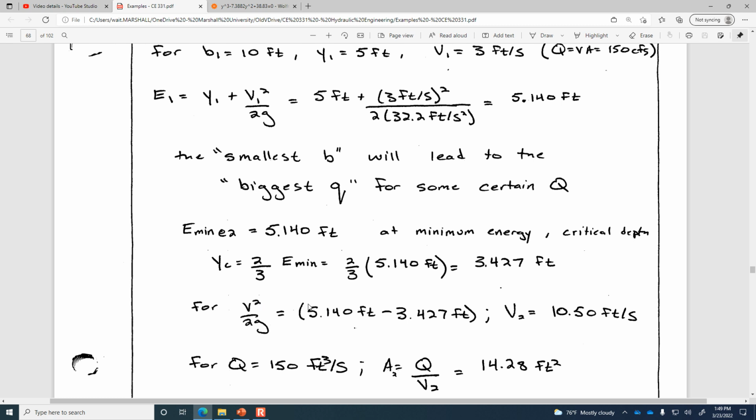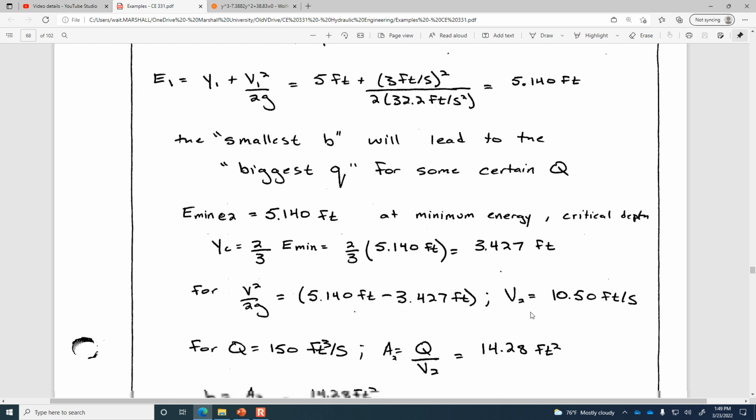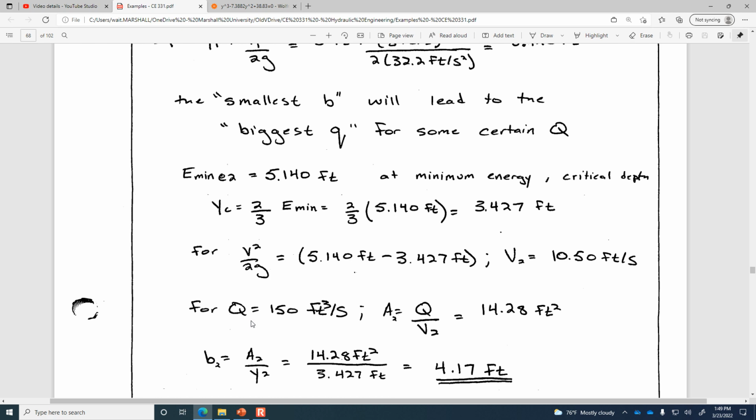So we can use this to solve for V. And once we know the velocity, we already know the flow rate, 150 cubic feet per second. That tells us what the area would be, because area is Q divided by V. This is an unusual order.